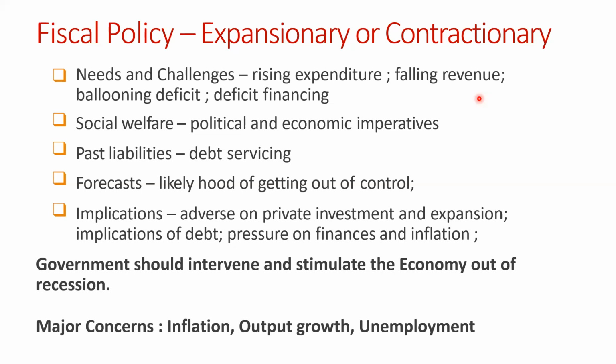And the other thing is, when the government revenue is falling, they want to collect money. Then ballooning deficit. Our deficit is like an exponential growth. Then they have to find the deficit financing. That's also very important.